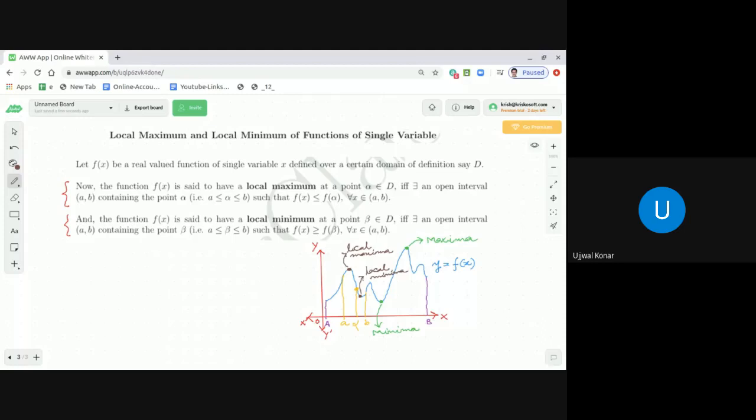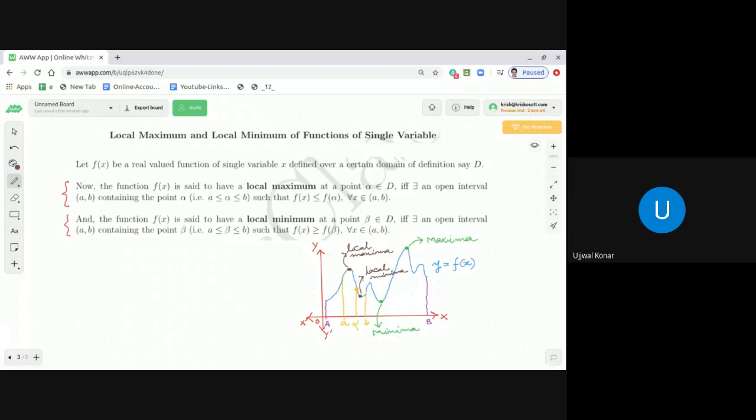So dear students, in simple terms, absolute maxima is known as maxima and absolute minima is known as minima. What is absolute maxima and absolute minima? It is the minimum most value and maximum most value in the entire domain of definition of the function.